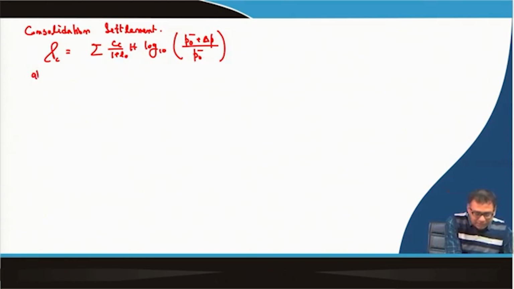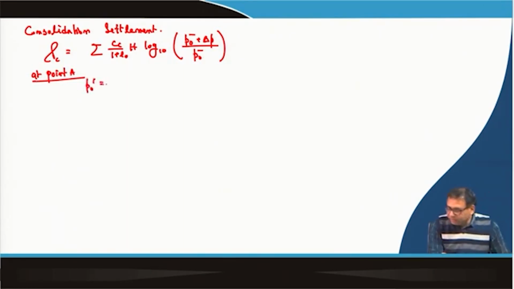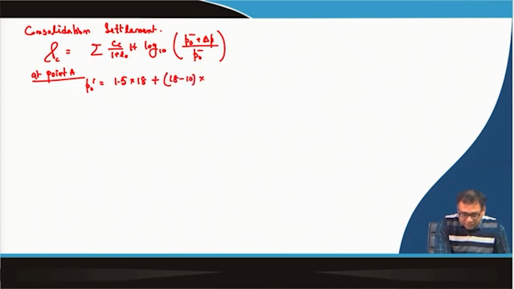Now, at point A, your P 0 bar is equal to, for the top layer, 1.5 into 18, where the water table is not present, that is above the water table. Then we will go for the submerged unit weight, that is 18 minus 10 into 3.5 divided by 2, that means 1.75, and that is equal to 41 kilonewton per meter square.